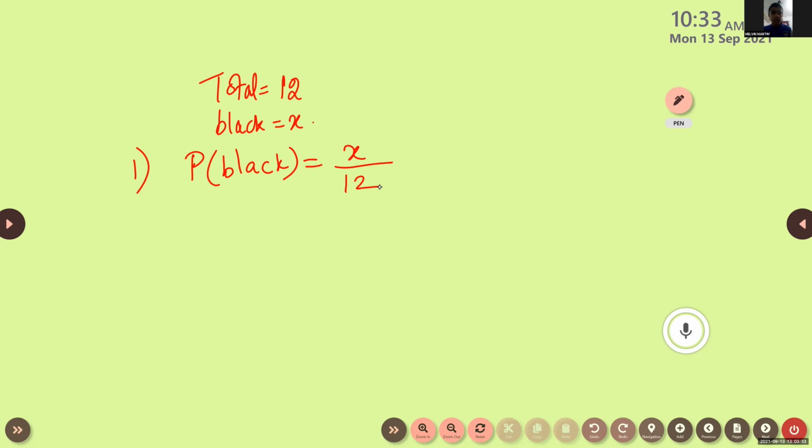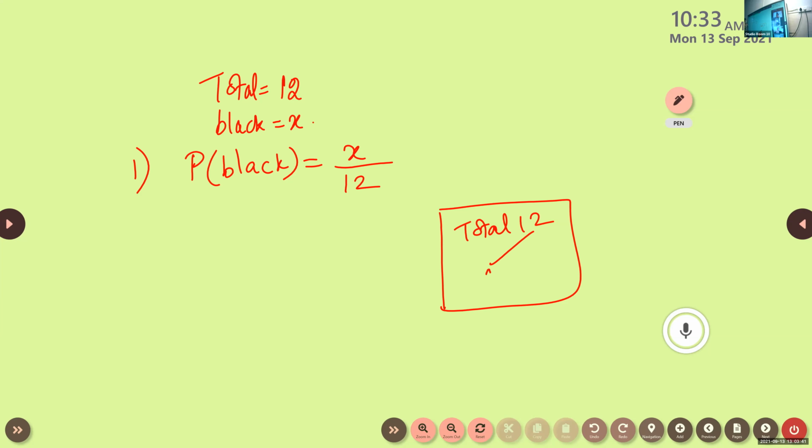We put 2x by 12. So what will be the total balls? Now already we have total 12 balls, isn't it? There were x black balls. So now what is in the second step? What is given? We add 6 more black balls. So what will be the total balls in the second step? 18.